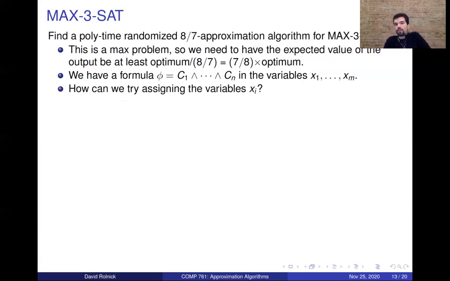Bearing in mind that this is a randomized approximation algorithm, what is, in some sense, the stupidest thing that we could possibly do? Dynamic programming is far too complicated.